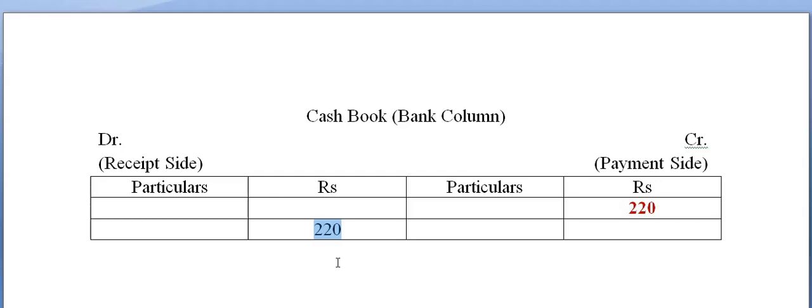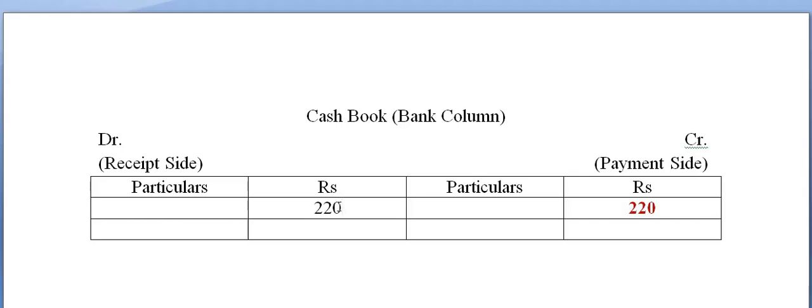Now it was recorded already. So it was recorded in the cash book as the receipt, that is towards the debit side, 220.